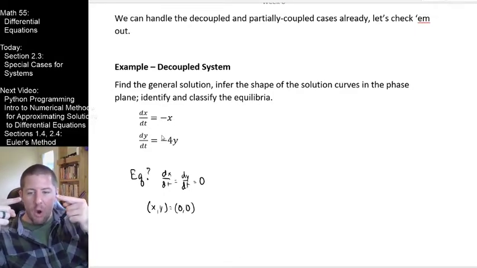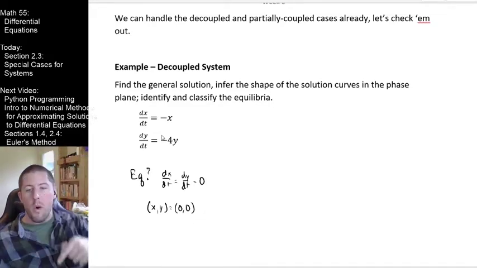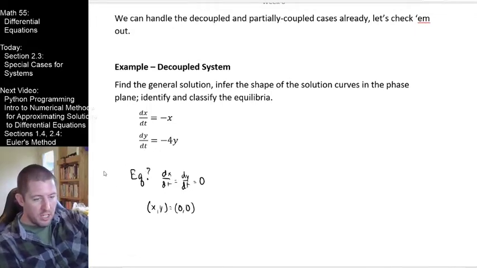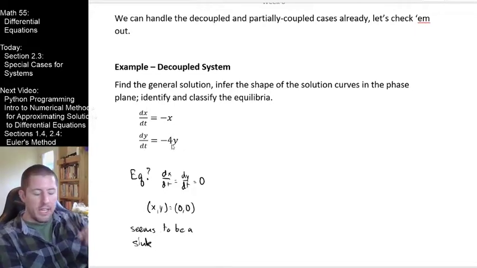So it's kind of honing in and slowing down in the x direction. The same exact thing is happening in the y direction, where things seem to be decaying towards 0. So I'm going to say here seems to be a sink. It seems like any initial condition for x and y should decay towards 0.